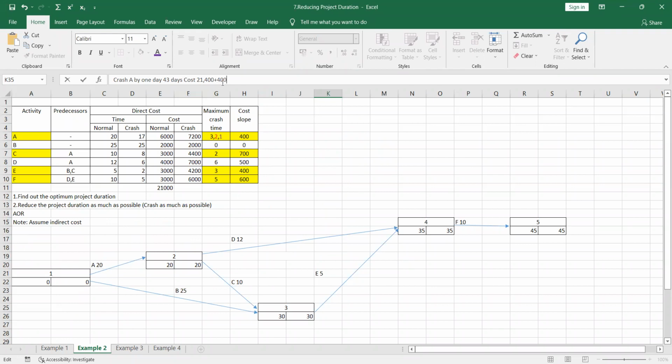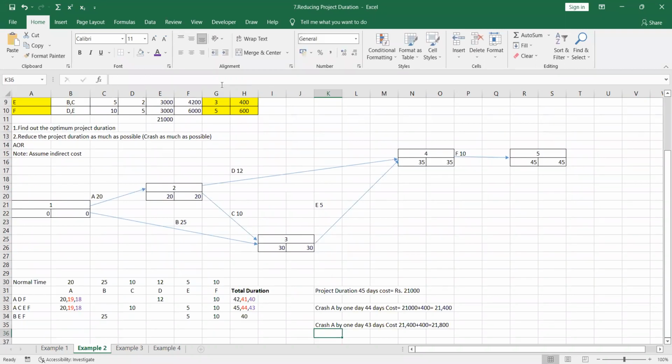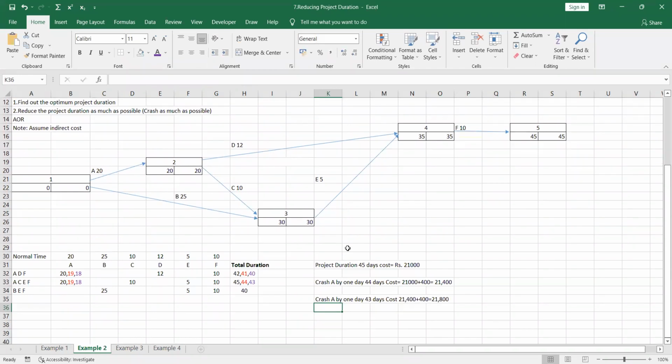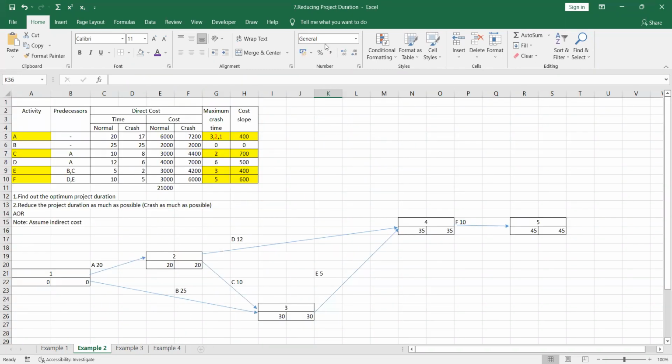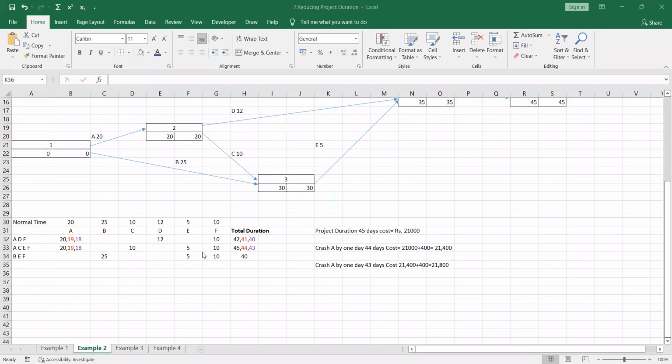So add in the 400 here, that means 21,800 cost is there, right? 21,800 cost is there. Very good. Right. So again, our critical path is still ACEF.